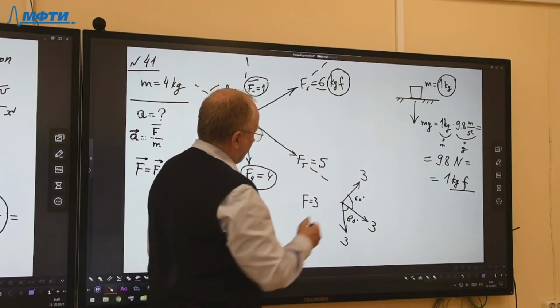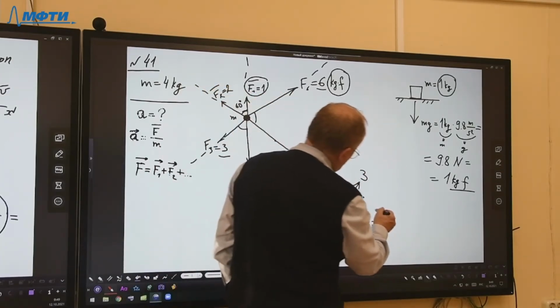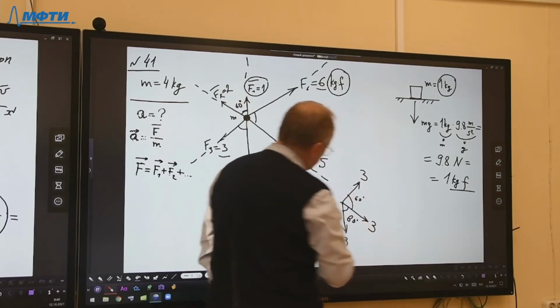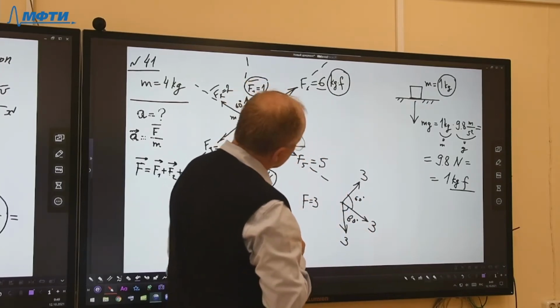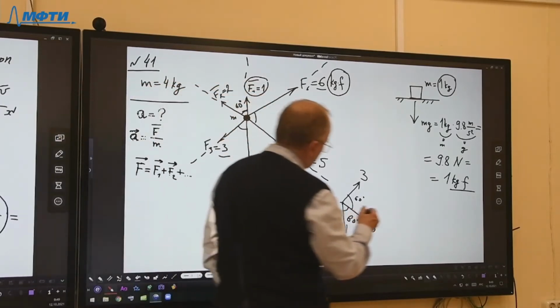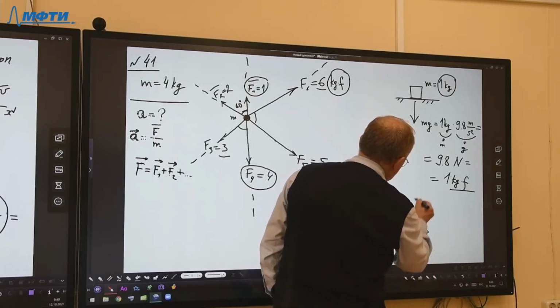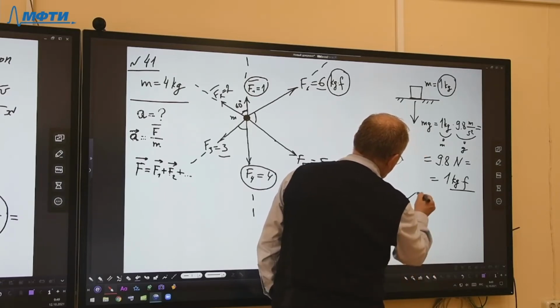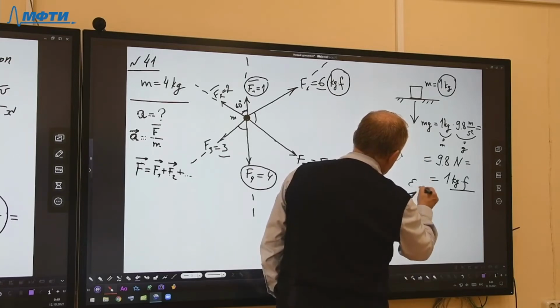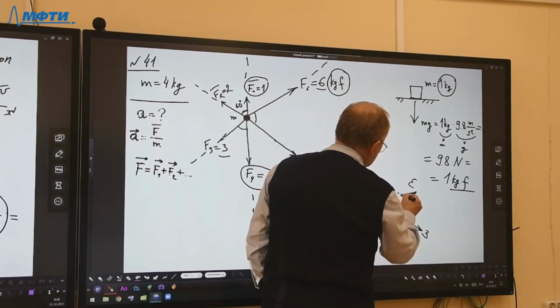Well, if you draw this picture correctly, which is not the case here, let me do it better. This is the force 3, and another force better shown in this direction, and this is 60 degrees.